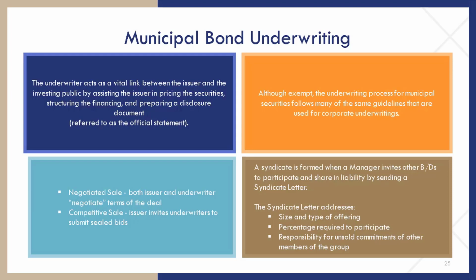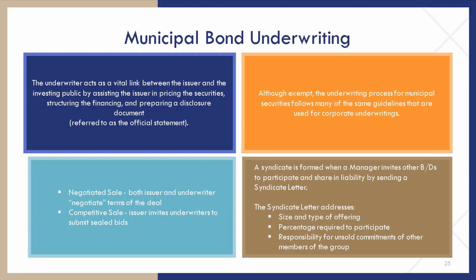And that syndicate letter will address the size and type of offering, the percentage required for each broker-dealer that's a member of the syndicate, how they're going to split up any unsold bonds. It's outlined in this syndicate letter, or syndicate agreement, or sometimes even referred to as an agreement among underwriters.